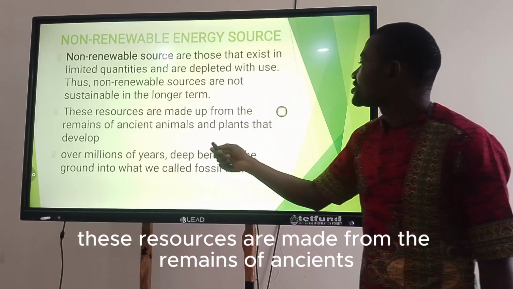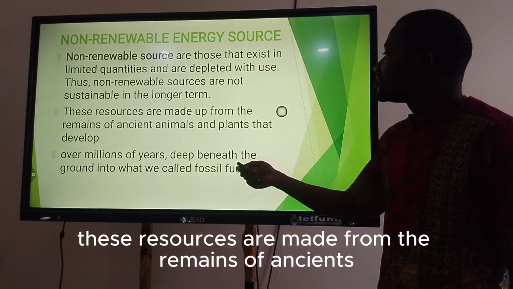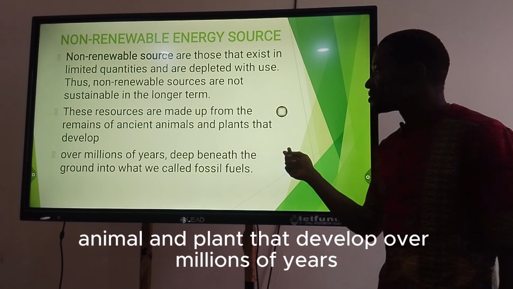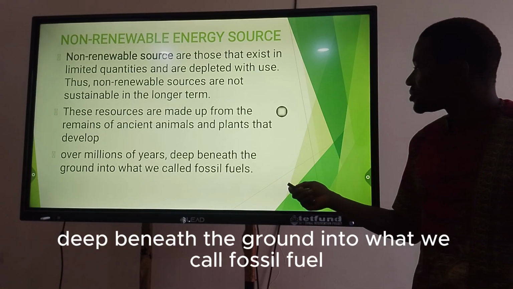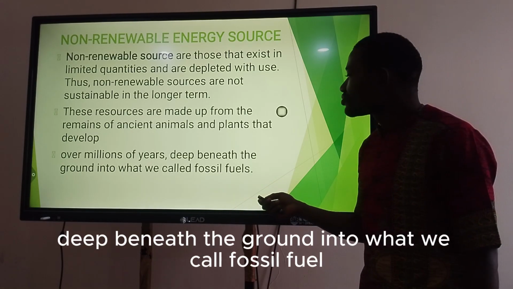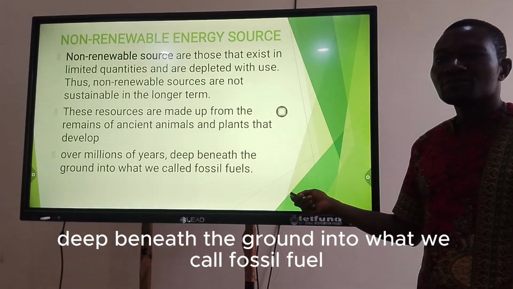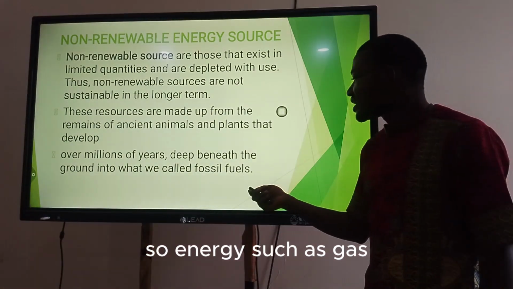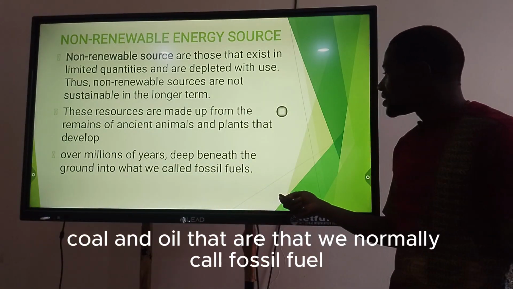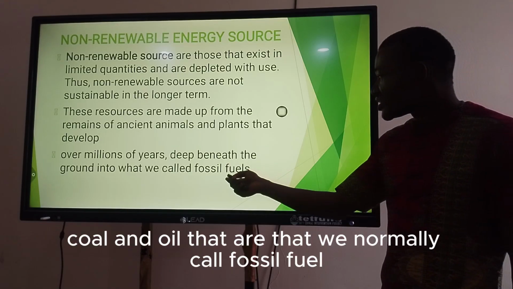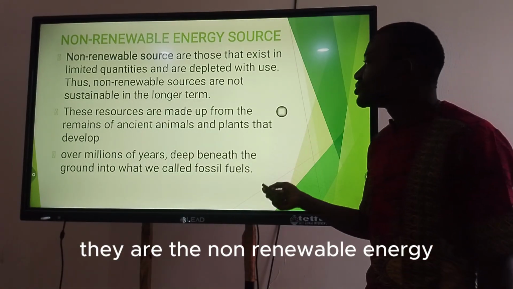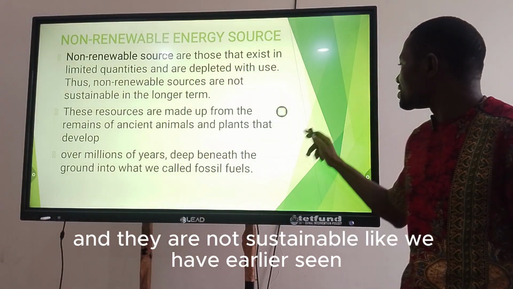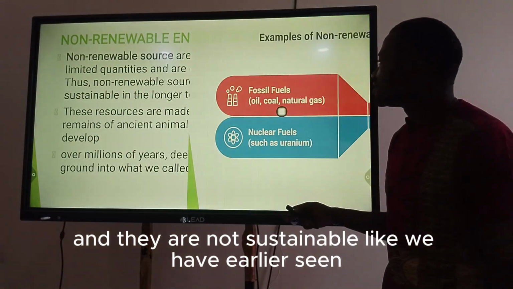These resources are made from the remains of ancient animals and plants that developed over millions of years deep beneath the ground into what we call fossil fuel. So energy such as gas, coal, and oil that we normally call fossil fuel are non-renewable energy, and they are not sustainable, like we have earlier seen.